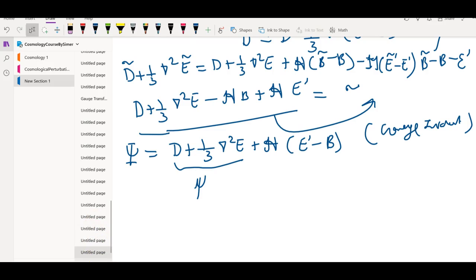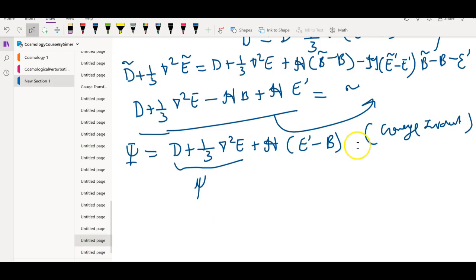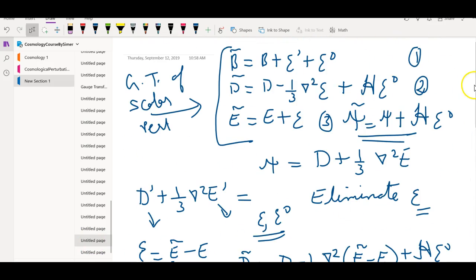Okay, now coming to the next gauge invariant quantity that we can derive from here. We have these equations.